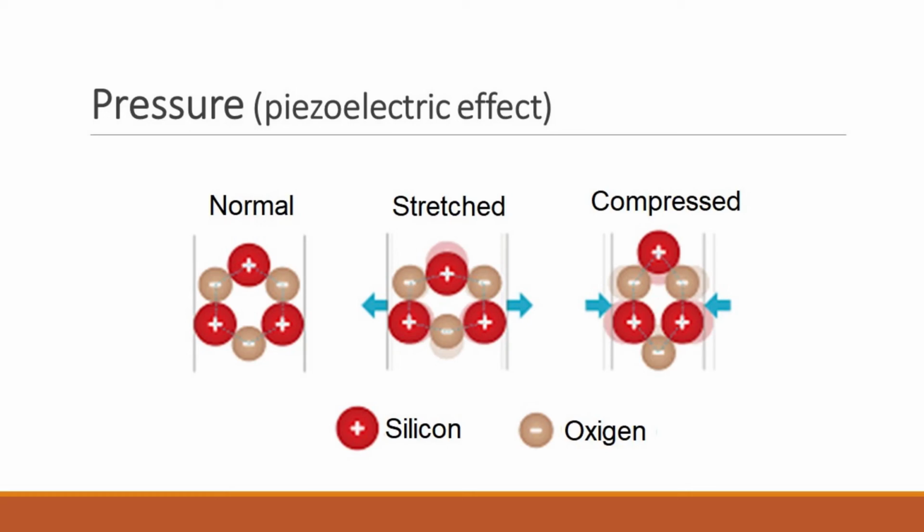But when the material is stretched or compressed, the structure is rearranged. Since we are rearranging the structure of the material by applying pressure, stretching or compressing, the unbalanced charges of the structure of the material will be rearranged, and then the electricity will manifest.